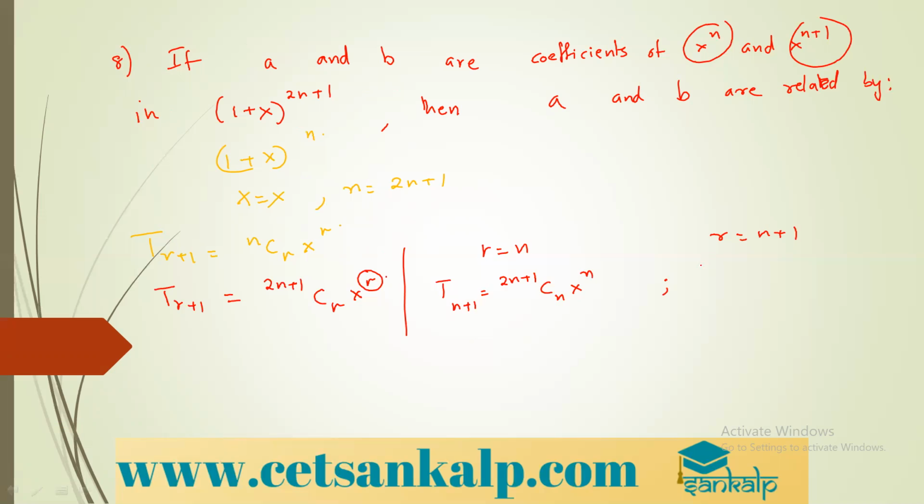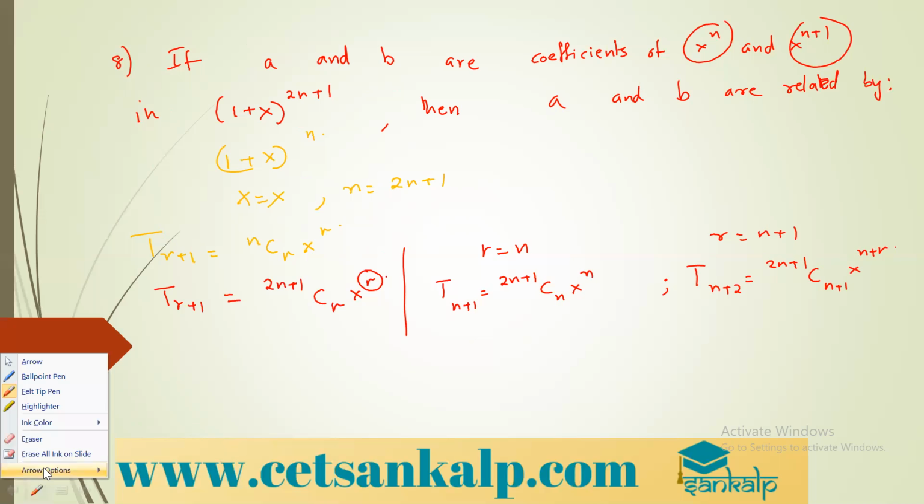And when I have r as n plus 1, I have T(n+2) = (2n+1)C(n+1) x^(n+1). See, r is n plus 1, so x^r is x^(n+1). I have to write n plus 1, not n plus r.